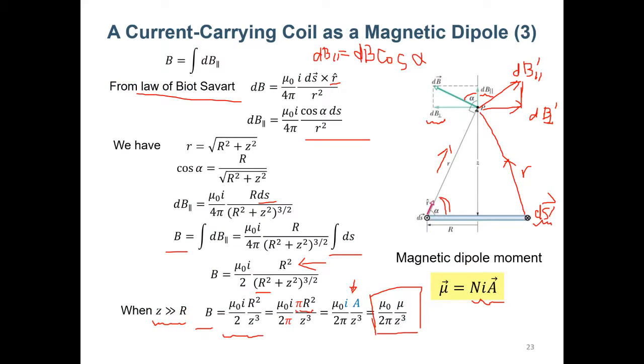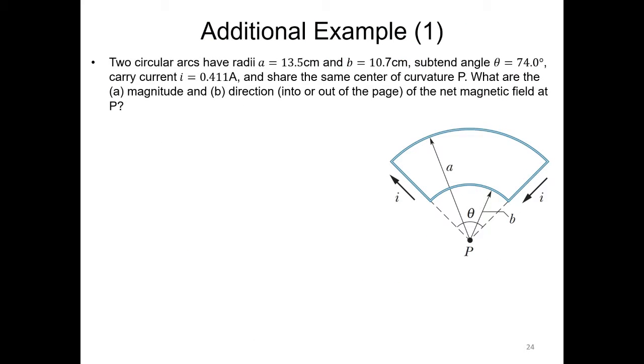So let's continue. For this one, two circular arcs have radii A and B. The longest one is A, this one is B. They subtend an angle theta equals 74 degrees, carrying current I, and share the same center of curvature P. So they share the same center P, this point.